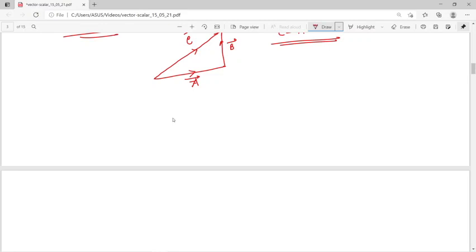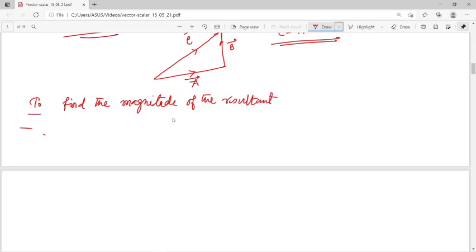Now if we want to find the magnitude of the resultant, we have to find it just by using the triangle law of vector addition.